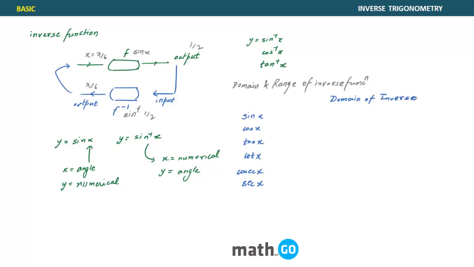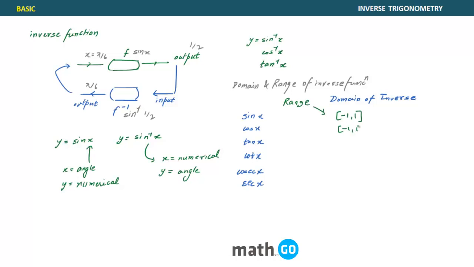You don't have to remember, actually you already know all of them. What is the range of sin x? Range of sin x is -1 to 1, which is nothing but the domain of the inverse. So basically the range of a normal trigonometric function becomes the domain of the inverse function.